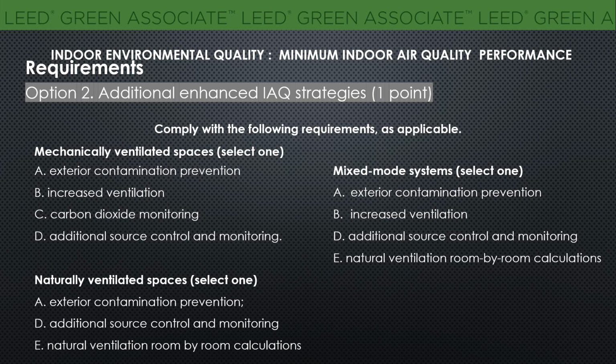For naturally ventilated spaces, here also we need to pick only one from the three: exterior contamination prevention, additional source control and monitoring, or natural ventilation room by room calculation. And finally for mixed mode system, here also we need to pick only one: exterior contamination prevention, increased ventilation, additional source control and monitoring, or natural ventilation room by room calculation. So we can choose the requirement as applicable for the situation.